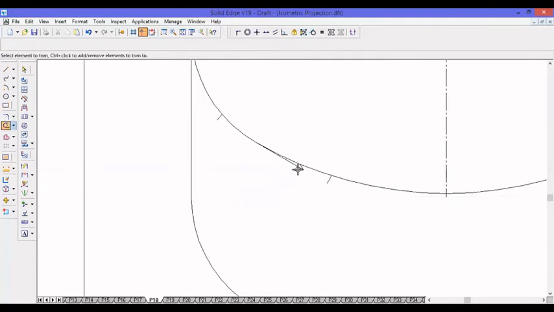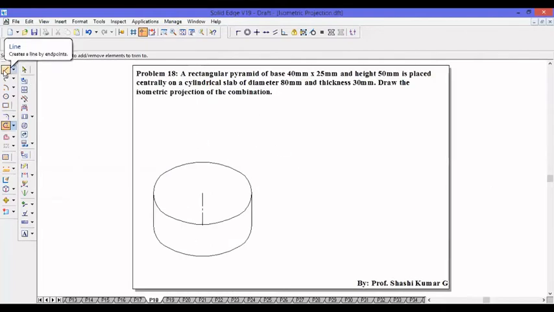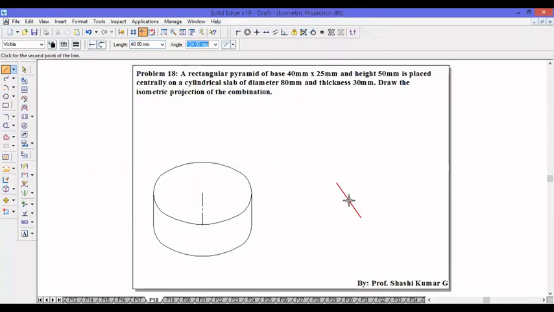Further, here we have some extra projection lines. Okay, now let us construct the rectangular pyramid of base side 40 mm by 25 mm. So 40 at 30 degree, 25 at 150 degree, 40 at minus 150 degree, 25 at minus 30 degree.